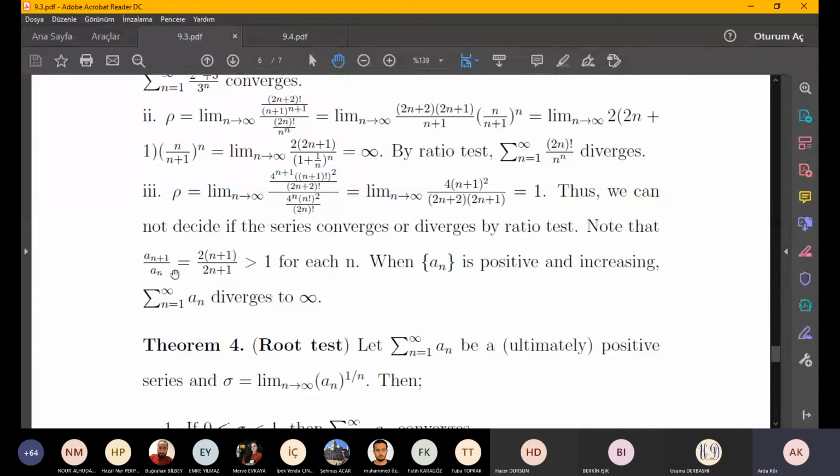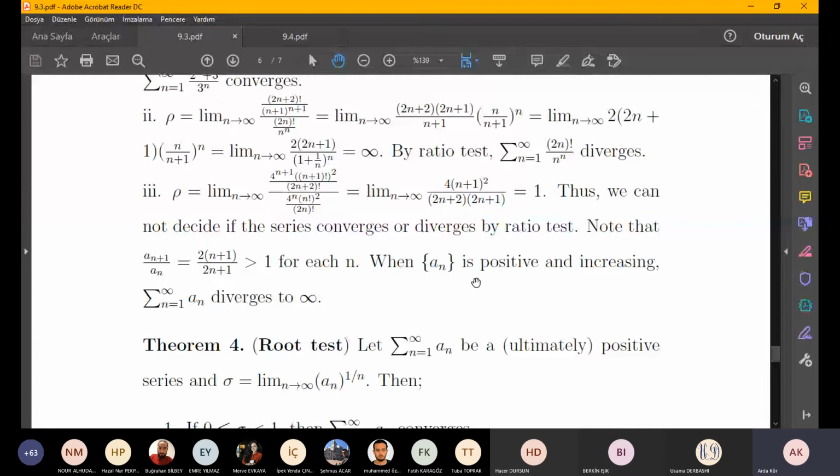So we already wrote a_{n+1} over a_n, which is (2n+1) over (2n+1)... and we know this is greater than 1, which gives you a_{n+1} is greater than a_n. That means your series is increasing.